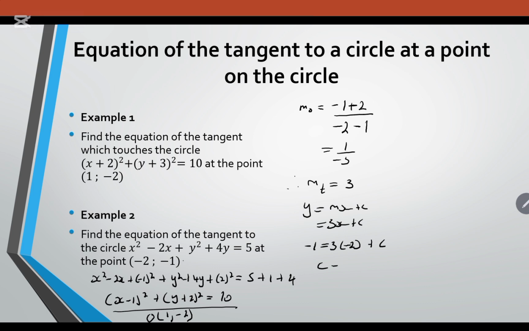And therefore, c is equal to 5, because this is -6 and it will change the sign. Therefore, we can now replace it in the equation: y is equal to 3x plus 5. So this is the equation of the tangent to the circle at the point -2 and -1.